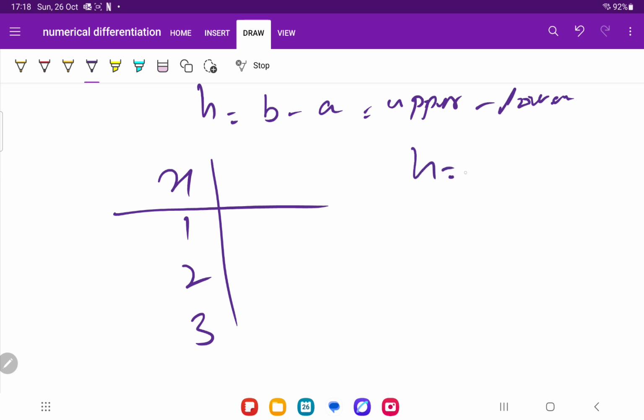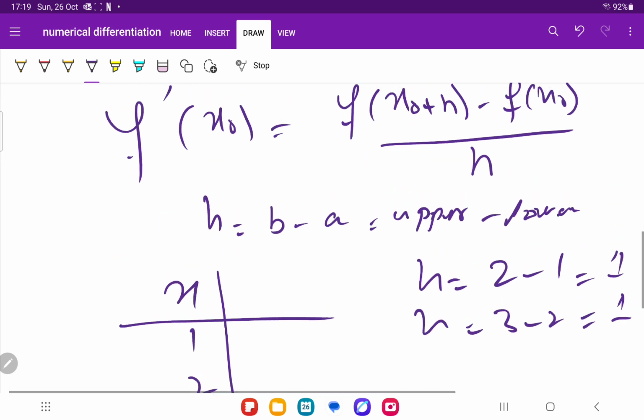So here h is upper minus lower, which is 1. You could see that the gap is the same for each upper minus lower interval. So 2 minus 1 is 1, 3 minus 2 is 1, so that is called the h.